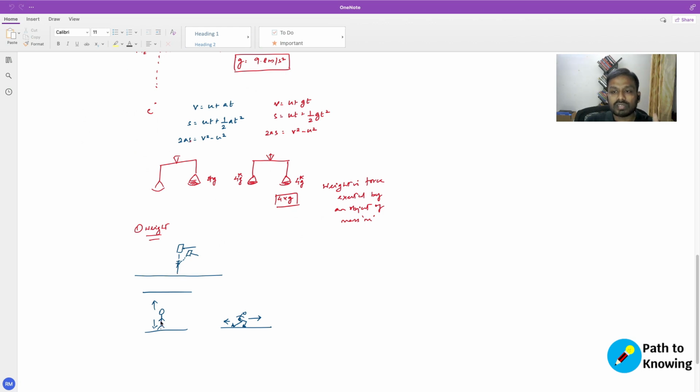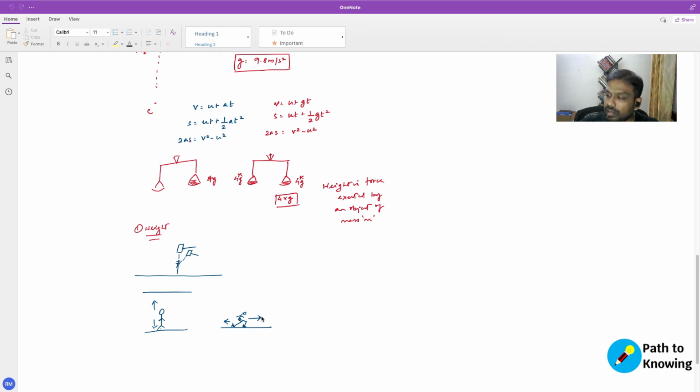In that case, this person has to apply the force perpendicular to the floor to get the maximum leverage. In this case, the person will have to apply a force perpendicular to the starter block, so that he gets the maximum leap forward, right? So force applied perpendicular to the surface is very key, and the concept and the way you define that is thrust.